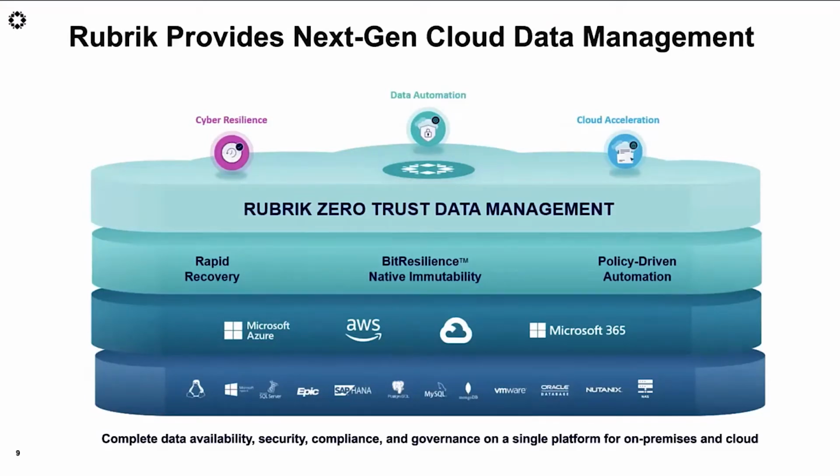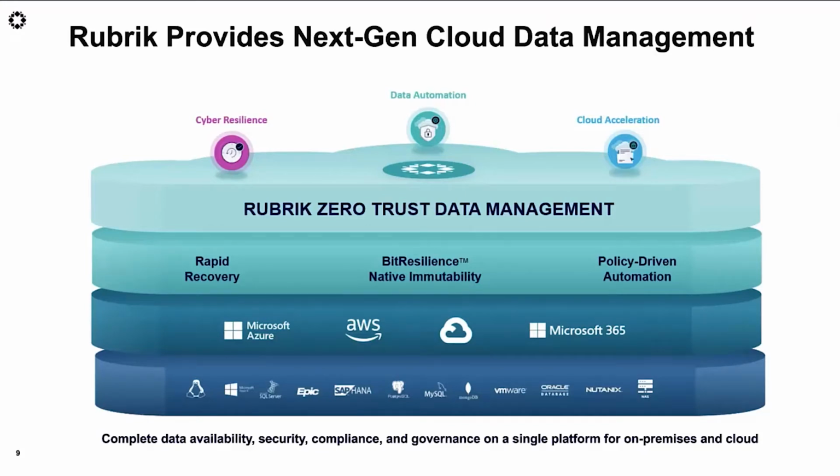And our core value proposition revolves around 3 elements. Rapid recovery. Can you recover applications as quickly as possible and instantly with things like live mount, instant recovery, and very quick exporting? The next big thing is Rubrik's immutable architecture, the native immutability.